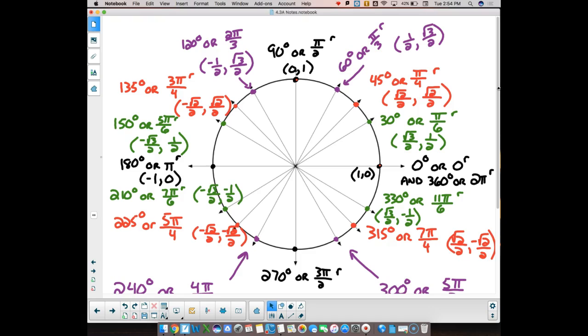Because you get the 60, so green is 30, red is 45, right? So the 45 takes care of the other 3 as long as you know the pattern. Takes care of the other 3 red points. Memorizing 30 degrees takes care of the 4 green points, and you switch the X and the Y, takes care of the purple points.